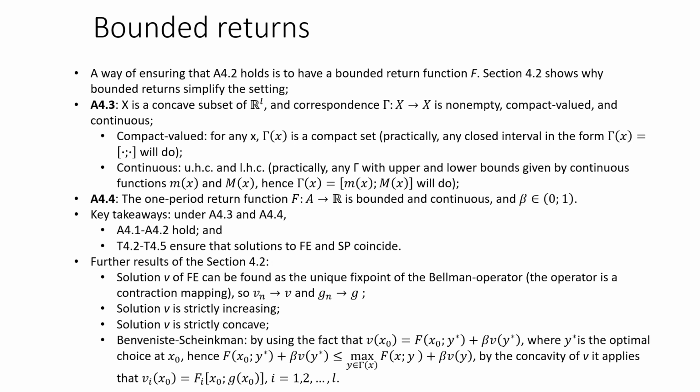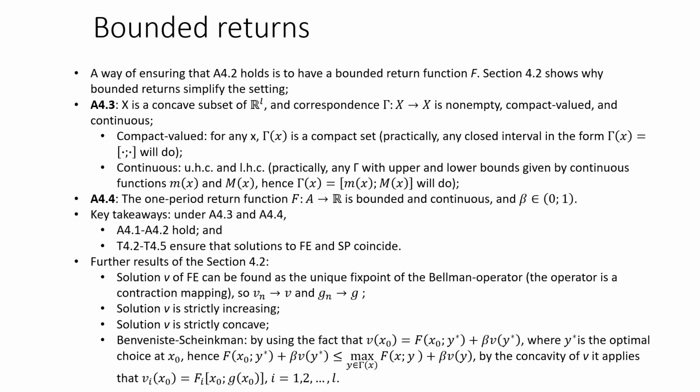Compact valuedness means that for any state, gamma is a compact set, so practically any closed interval will do, and gamma is continuous means that gamma is upper and lower hemi-continuous. Practically, you will see that it helps. Practically, any gamma with upper and lower bounds described by continuous functions will do.